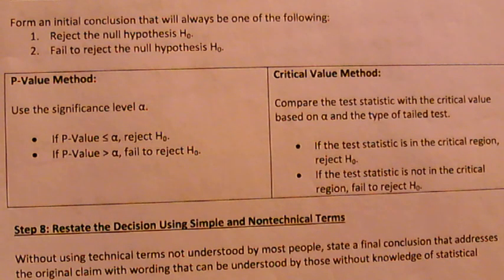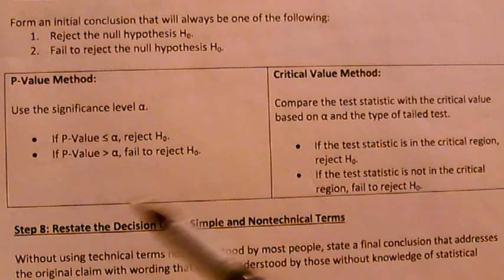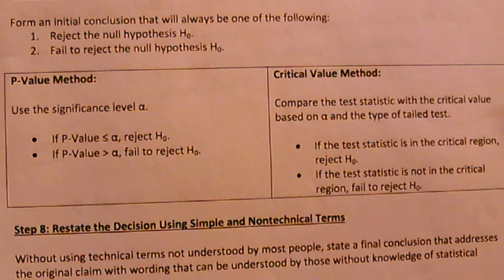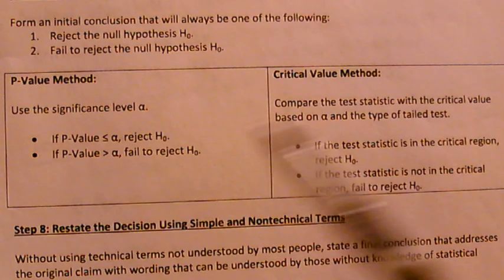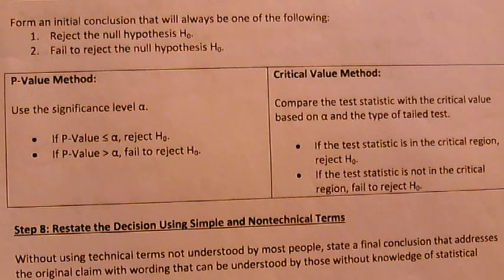Okay? That's very important because you're going to have to pretty much make that decision on whether to fail to reject the null or reject the null based on some information that's given to you. The p-value method, you have to compare your significance level with the p-value. The critical value method, you compare your test statistic with that critical value.